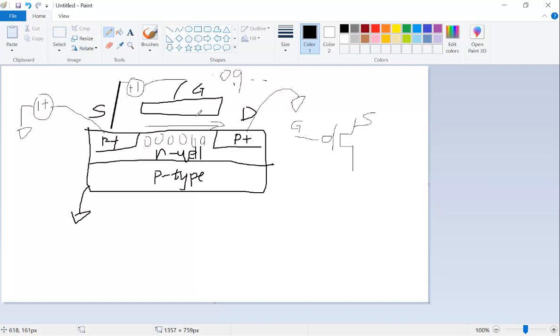All right. So that's the symbol in the schematic, and this is the drain. And you need to turn it on here, apply a potential, and you need a VSG.